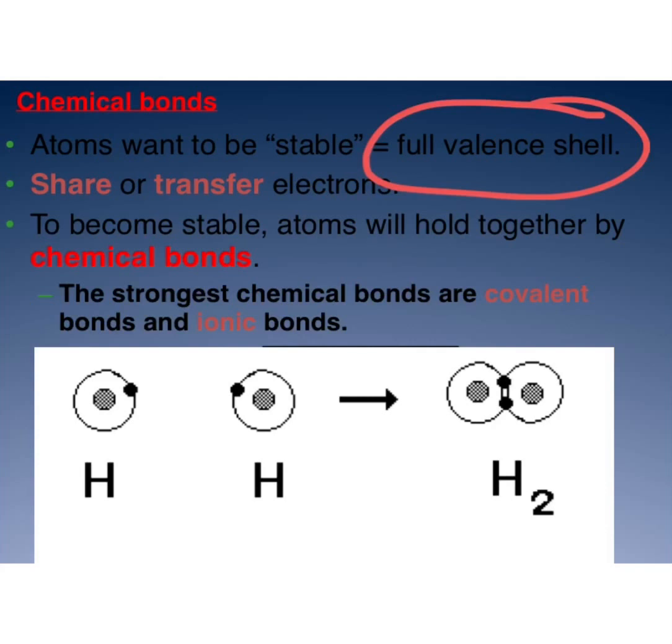All the other atoms on the periodic table, all the other elements, have to either find electrons or give them away so that they can achieve this goal of a full outer shell. Atoms can transfer electrons or they can share them to achieve this full energy level. When atoms transfer electrons or share them, they become attracted with a chemical bond.